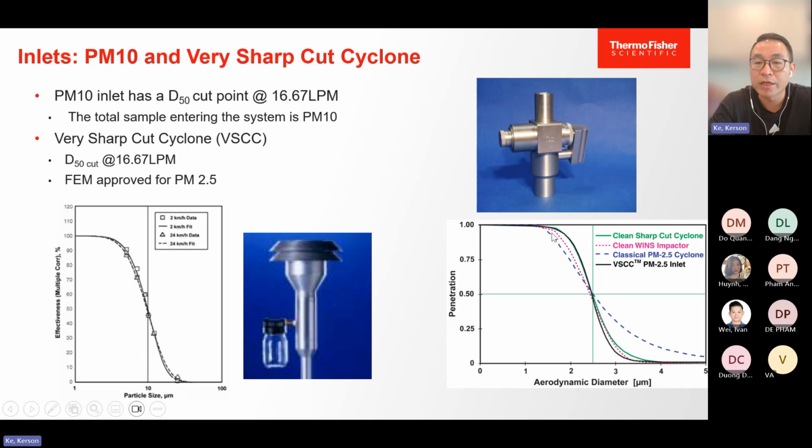So as you can see, the sizer cut point is at PM2.5 here. Why do we choose VSCC? Because I think till now all the FEM analyzers on this USEPA FEM list always use the VSCC PM2.5 inlet to size the PM2.5.